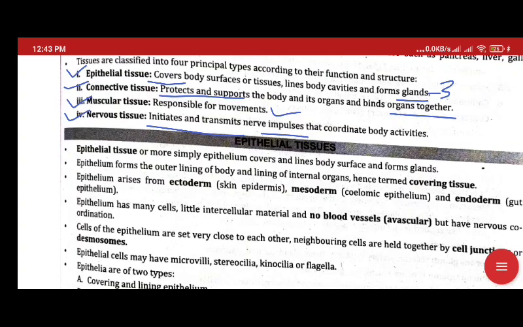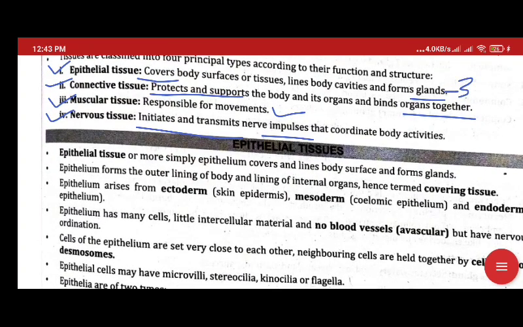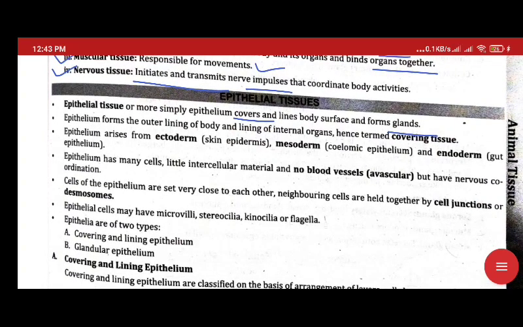Now the first topic is epithelial tissue. In epithelial tissue we have to understand that it has two functions: cover and form glands. In epithelium we have covering and three germ layers.